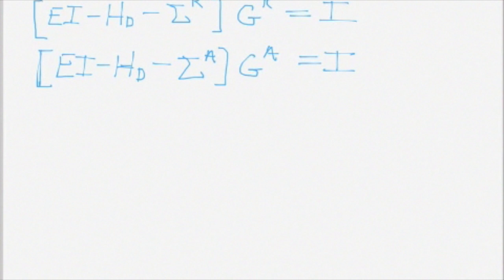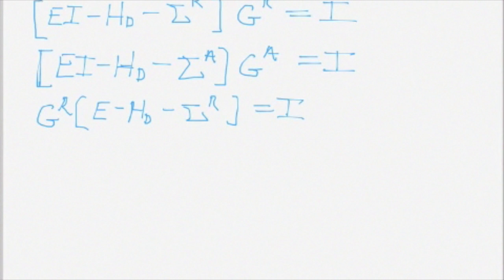So A times A inverse is equal to A inverse times A is equal to the identity, right? So just to be clear, it's also true that GR times E minus H_D minus sigma R is also the identity, because they're inverses of each other.